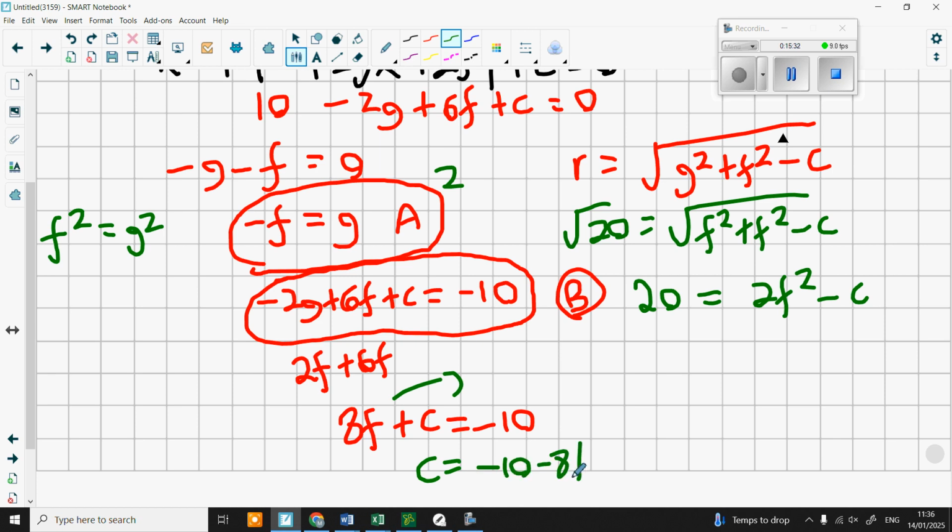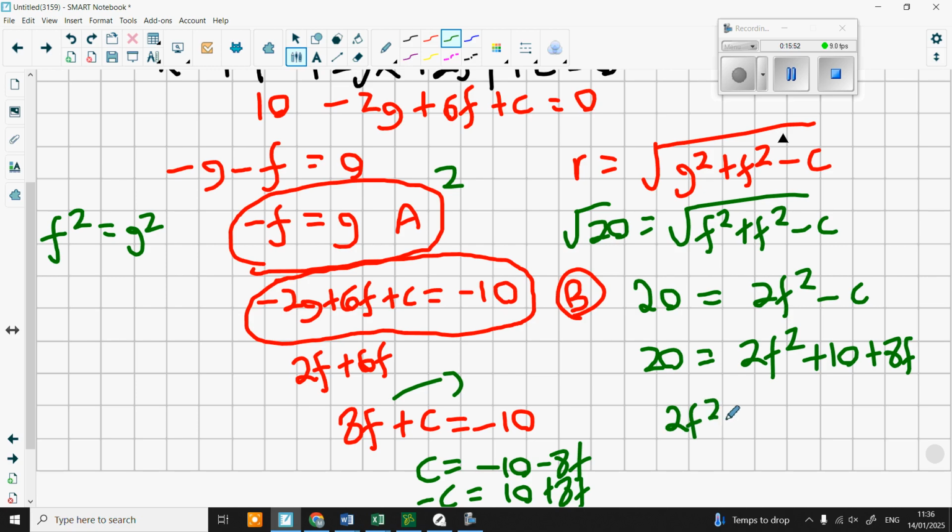C equals minus 10 minus 8f, yeah? So minus c will be 10 plus 8f. 20 equals 2f squared plus 10 plus 8f, which is 2f squared plus 8f minus 10.